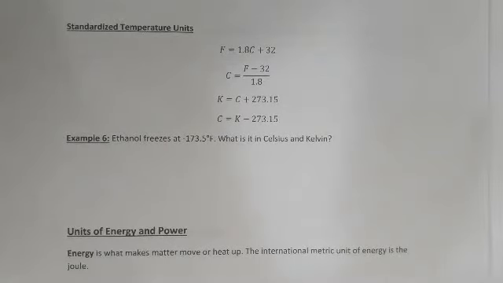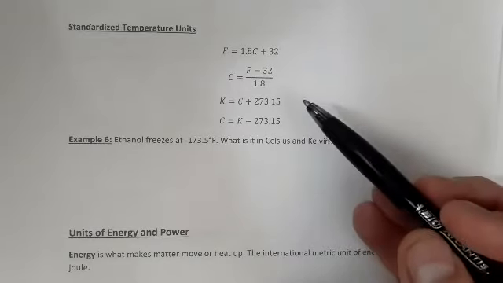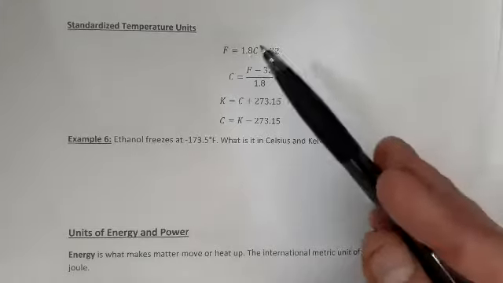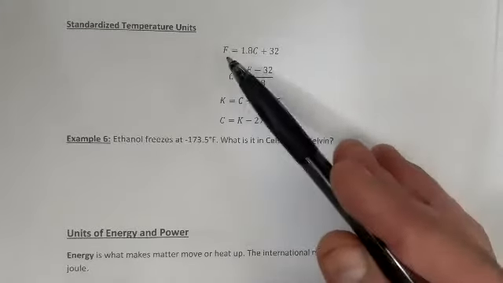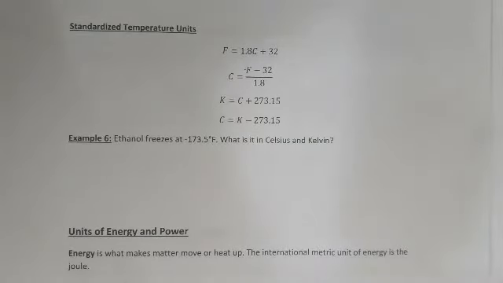And so we want to convert one temperature to another. We can convert Fahrenheit to Celsius and Celsius to Fahrenheit with these first two. And then we can convert Kelvin to Celsius and Celsius to Kelvin. So you might notice that we don't have a formula to convert Fahrenheit directly to Kelvin. We have to use that middleman called Celsius if they ask us to convert between the two.